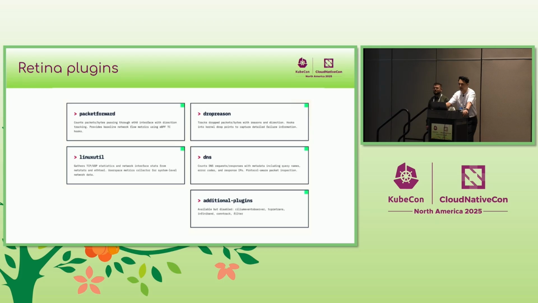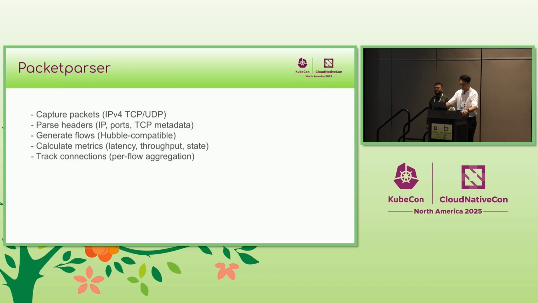We still needed to understand why. What was the packet parser actually doing? We knew that it degraded with the number of cores, but we still needed to understand what it's doing. So what is the packet parser doing? It captures all the TCP and UDP packets at the ingress and egress points for the pod and node level.